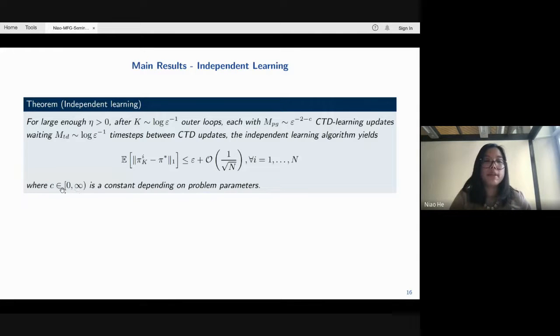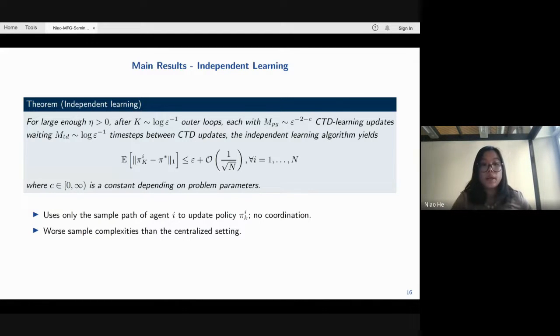Here, I should mention that this constant C in your sample complexity, or the number of iterations in your inner loop, is a constant that depends on many of the problem parameters like the Lipschitz constants, the strong concavity of your regularization parameter, and also the step size you choose. As you can see, this means that you have slightly worse sample complexity than the centralized setting, which as we discussed earlier is more or less understandable because agents are deploying different policies, unlike the centralized learning setting.